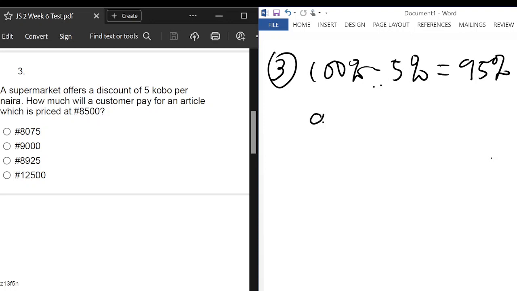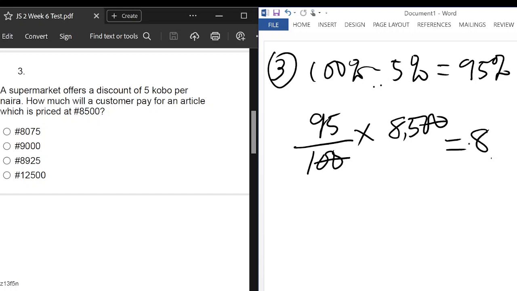We have 95 divided by 100 multiplied by the price, which is 8,500 naira. So we cancel zero with zero. We then have 95 multiplied by 85, and that gives us 8,075 naira. That is the answer, right?